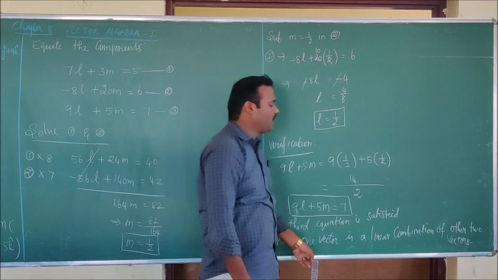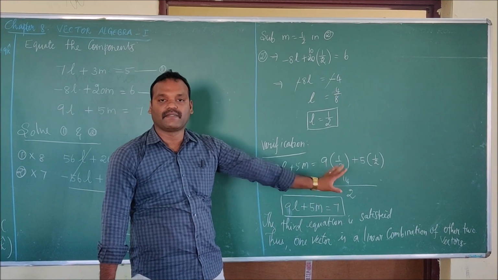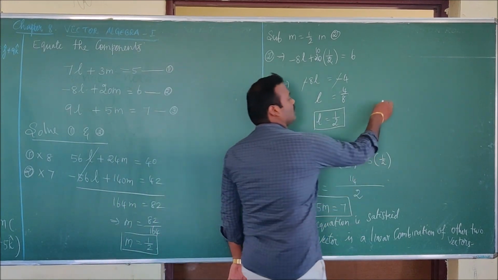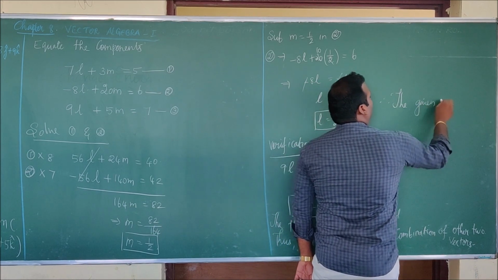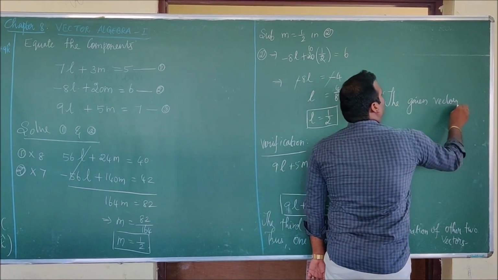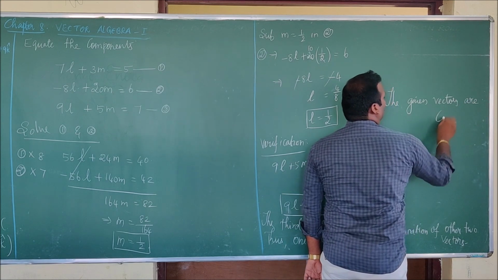So we have written one vector as a linear combination of the other two vectors. Final conclusion, therefore the given vectors are coplanar.